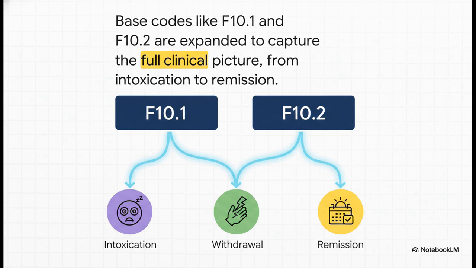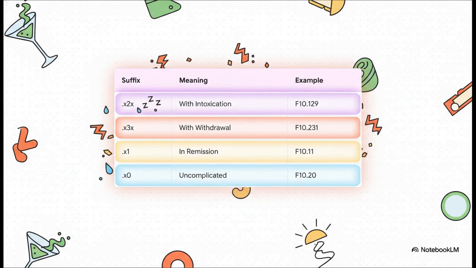Or are they perhaps in remission? The code tells us everything. Just take a look at this table. It really lays it all out. Adding a suffix with a 2 in that 5th spot means with intoxication. A 3 tells us the patient is dealing with withdrawal. A 1 is for cases in remission, and a 0 means it's an uncomplicated case. Getting these little details right is absolutely crucial for capturing the patient's current status.